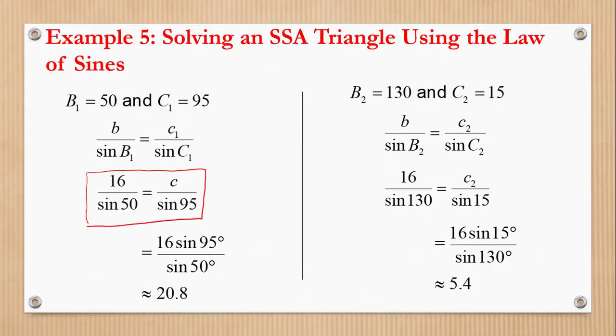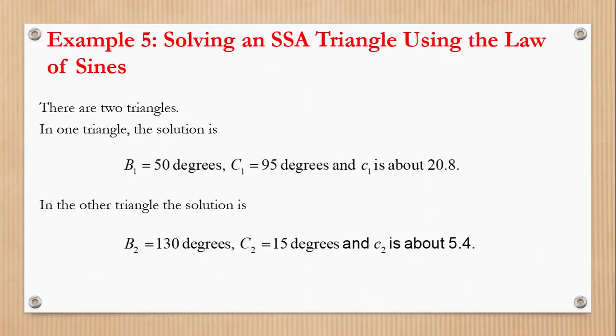So we set B over sine B equal to C over sine C for the 50 degree angle and 95 degree angle. We again use this formula for 130 and 15 degrees, and we get 5.4. And I have two triangles with this information. This is how we get two triangles, okay?